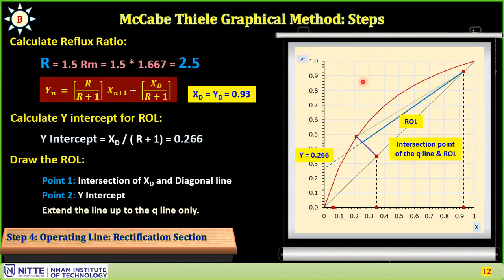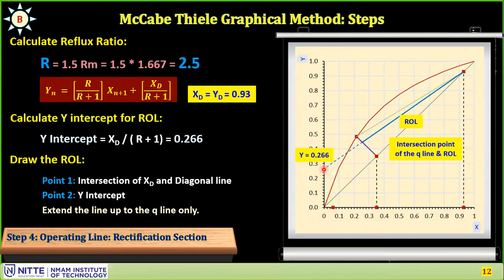Point number 1 is the intersection of xd and the diagonal line, the same point as for minimum reflux. The actual operating line we will draw now: one point is this, the second point is this intercept, xd by R plus 1, which is 0.266. So here it is 0.266.